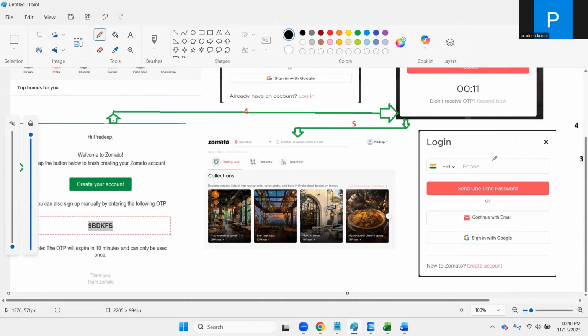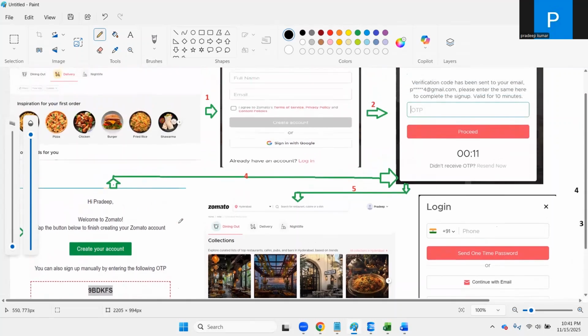Similarly, he will get the OTP like this if he selects the communication channel as Gmail ID, or if he selects the communication channel as mobile, the OTP will be sent to the mobile.